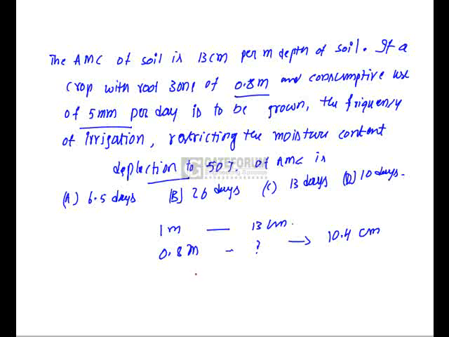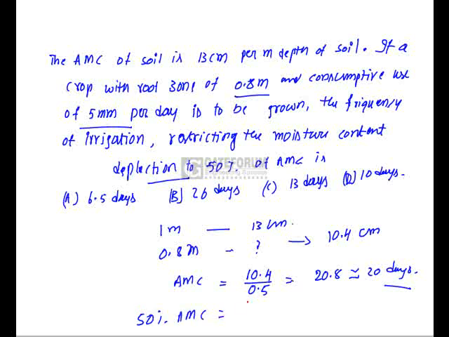So the moisture that has to be supplied, the frequency is going to be 10.4 divided by 0.5, that is equal to 20.8, approximately 20 days. Here the condition is given as depletion of 50% of moisture content, restricting the moisture content to 50%. So 50% of AMC is going to be 10 days. So option D is correct.